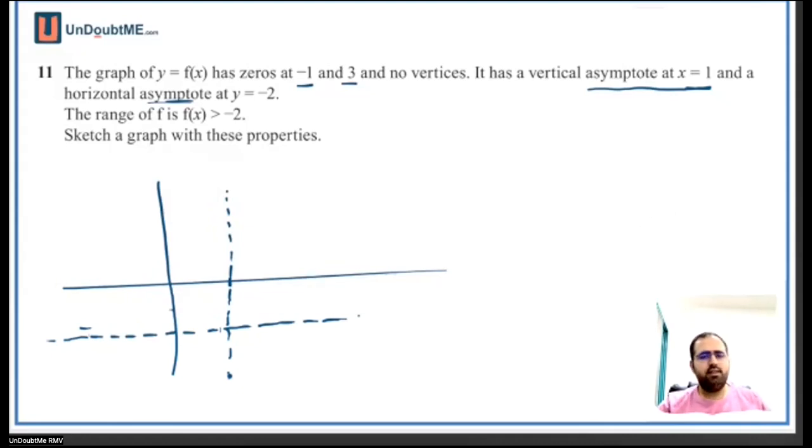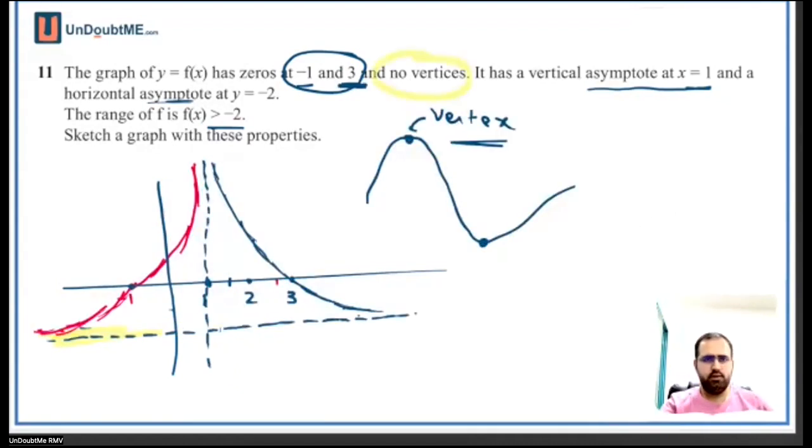Now, if this much is clear, you have to use these roots, where the zeros are, and then use the condition that it is greater than -2. Greater than -2 means whatever you draw will be above this yellow line. Nothing will be below that. So quickly draw a rough picture, and then you can directly show me here only.